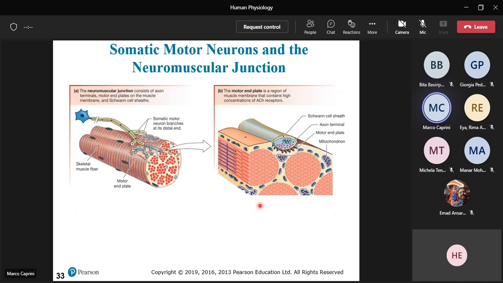Sometimes I ask this question. Can the action potential from a motor neuron be inhibitory? Can I inhibit a muscle contraction? What do you think?